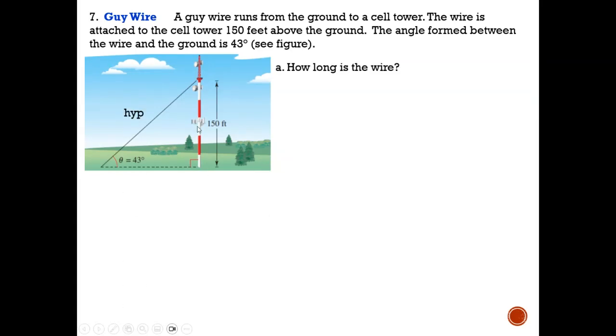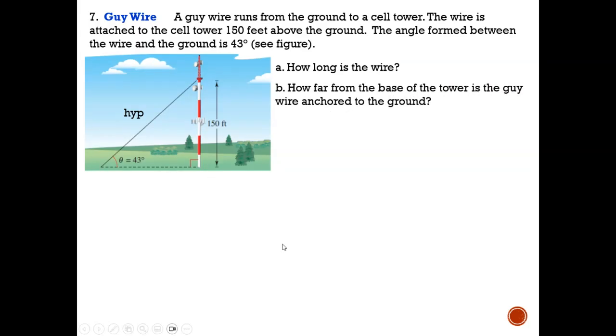A, how long is the wire, which is this value right here, which represents the hypotenuse of this triangle. B, how far from the base of the tower is the guy wire anchored to the ground? So from the base of the tower, over here, that's the adjacent in relation to that angle right there. Doing our values again, we set this one up.